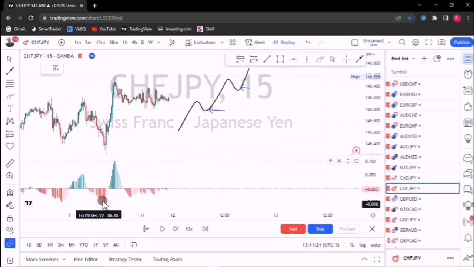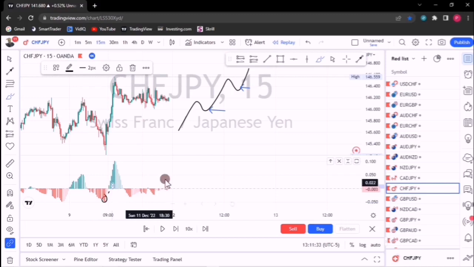This would have to be the pullbacks. You wait for price to pull back, and when it starts approaching the mid line, you can then take the trade right here using the MACD. So the MACD is something worth considering in your indicators.